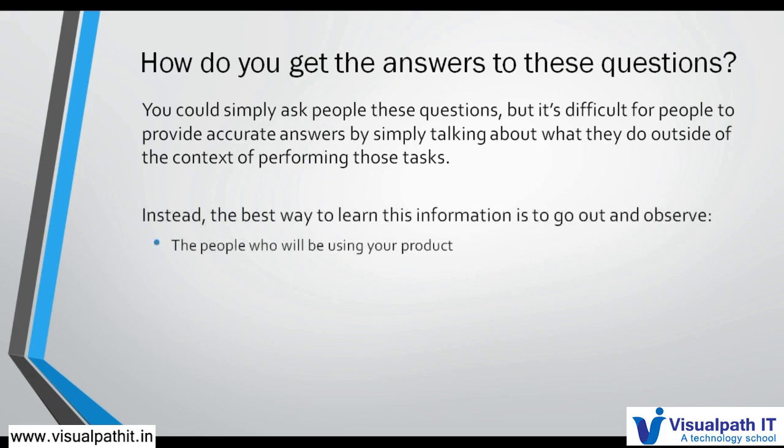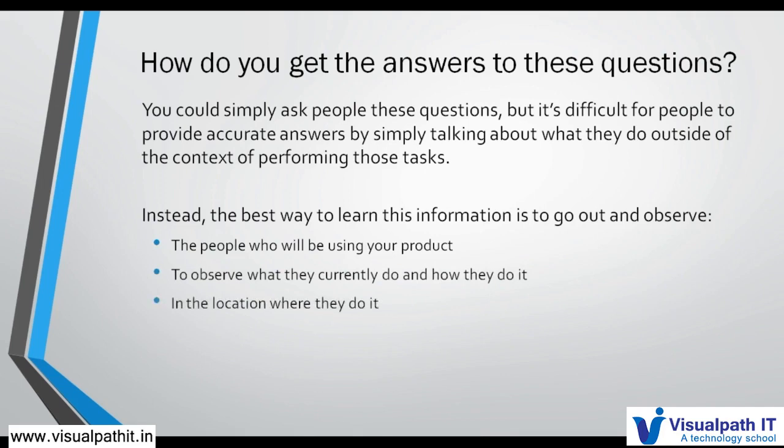Instead, the best way to learn this information is through observation. Go to the people who will be using your product, check with them, then observe what they currently do and how they do it, in the location where they do it, and at the time when they do it. With the help of this observation, you'll get all your answers.